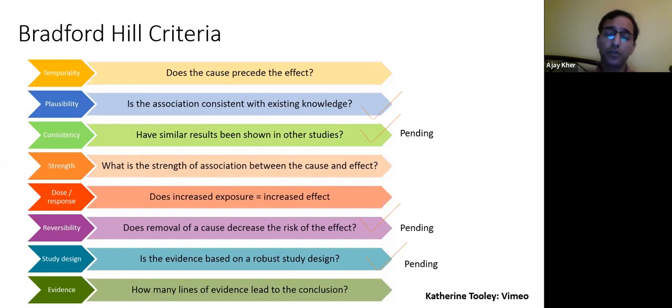What is the strength of association between the cause and effect? Needs more data. Does increased exposure lead to increased effect? Are the titers correlating with outcomes or with proteinuria or with remission and relapse rates? That still needs to be looked into. Does removal of the cause decrease the risk of the effect?